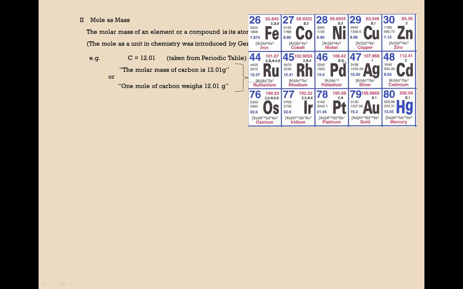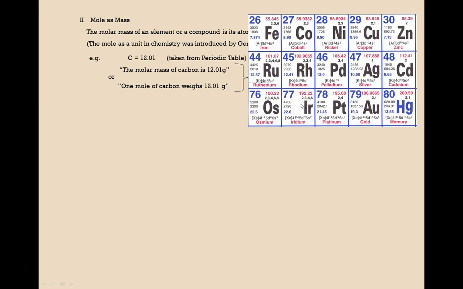Okay, two different ways of saying the same thing. By the way, these two elements, osmium and iridium, are interesting in that they have the highest density of any element. So these atomic masses, 190, 192 in grams, would be the molar masses of osmium and iridium.